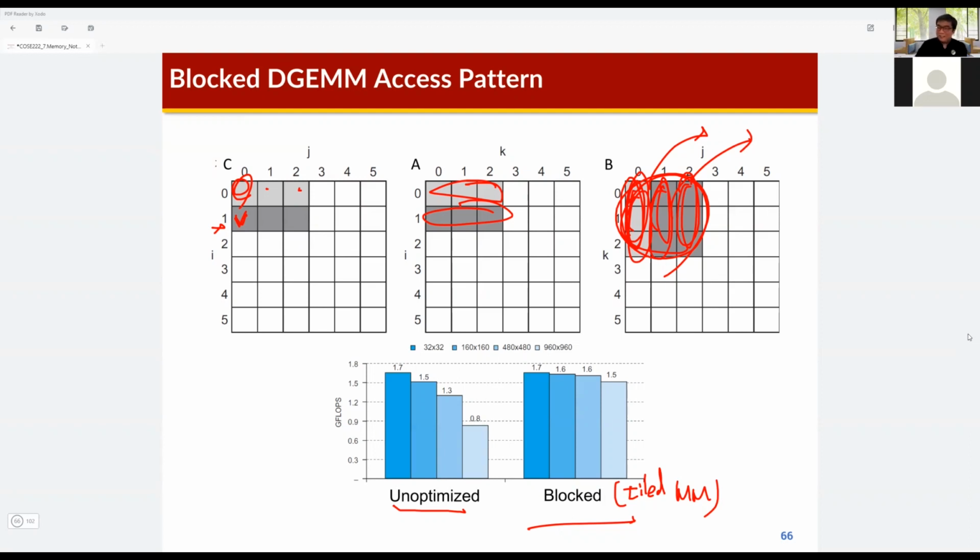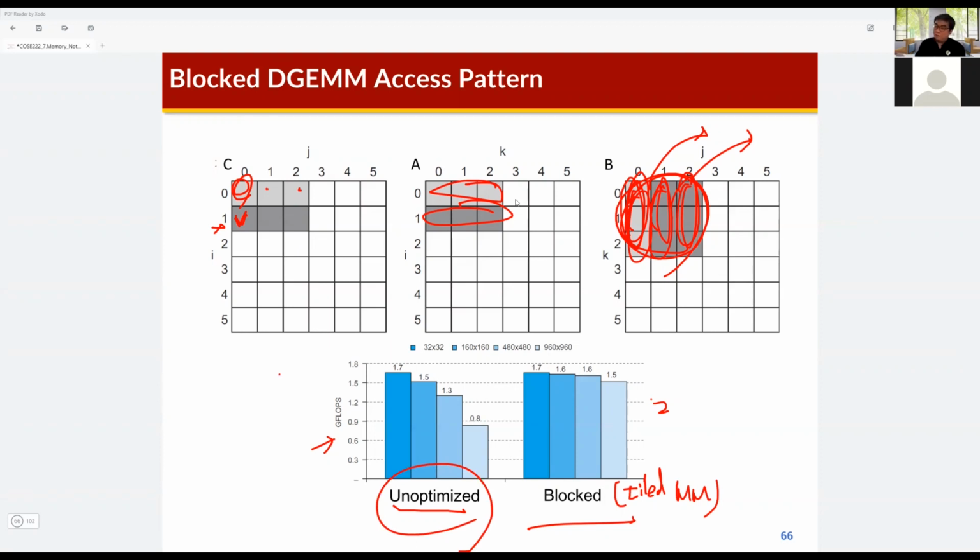But this is a good example of the knowledge of hardware architecture. If we know the hardware structure or hardware architecture of the computer system, then we can improve the performance. For software engineers, if we use this unoptimized version of the program, then it will be simple.